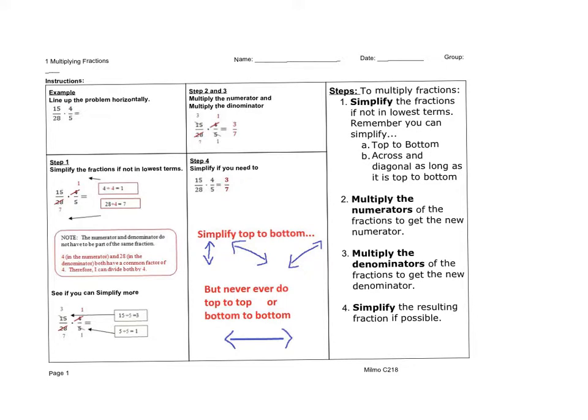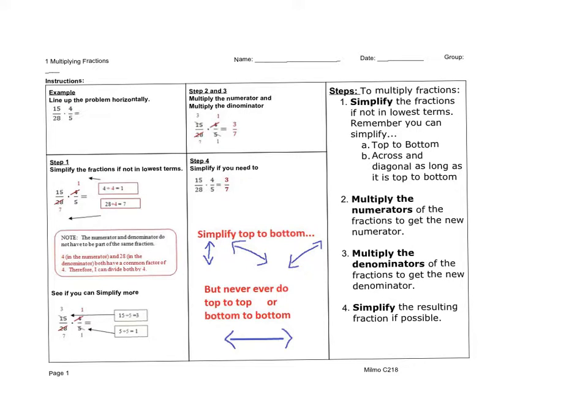There you go. So you simplify top to bottom, but you can simplify top to bottom across. But you never ever are gonna do top to top or bottom to bottom, okay? You are not going to do top to top or bottom to bottom, okay?